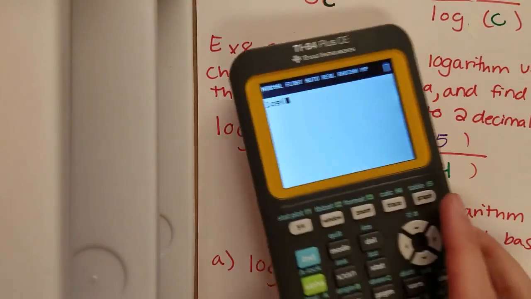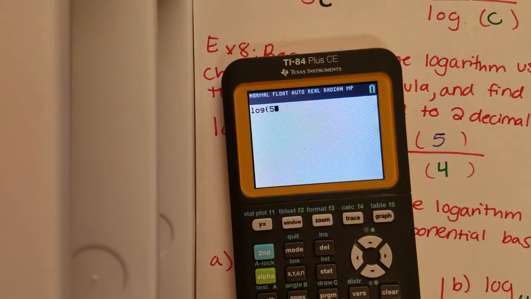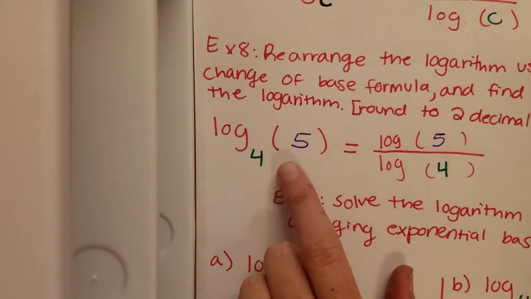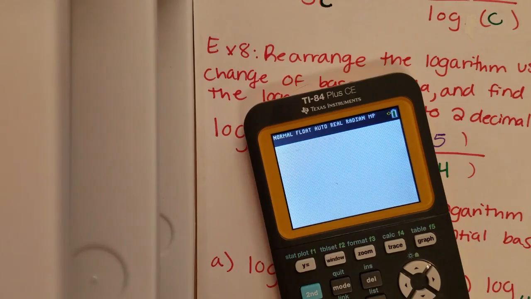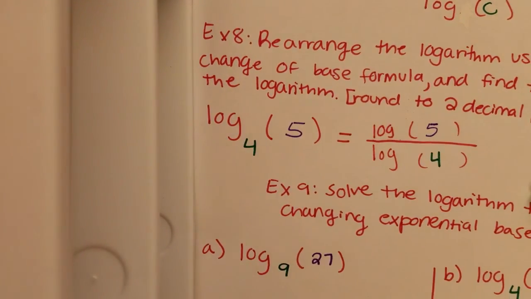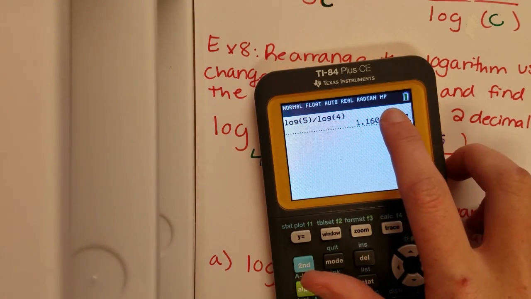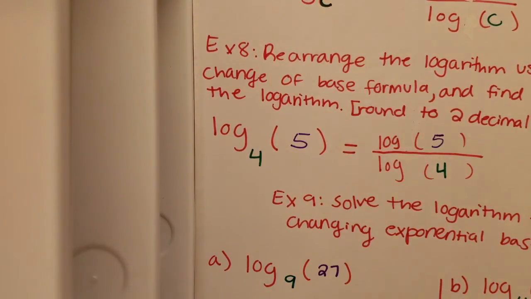I could say log 5, close my parenthesis, and then divide it by log of 4. This will tell me approximately what log base 4 of 5 will equal, which approximately equals 1.16. It says to round to 2 decimal places, and the 0 is not going to bump up my 6, so this is just going to be 1.16.